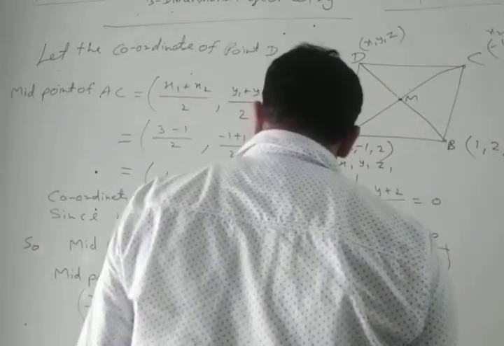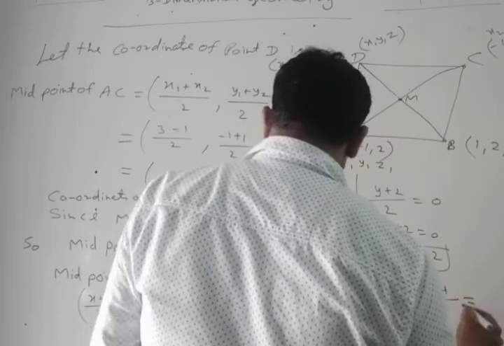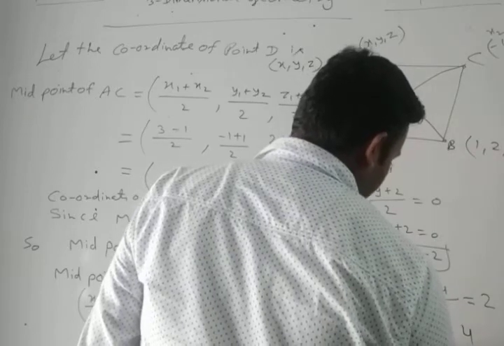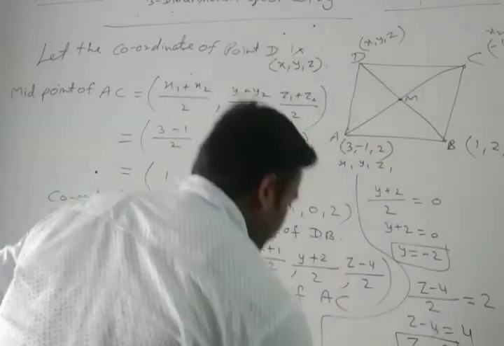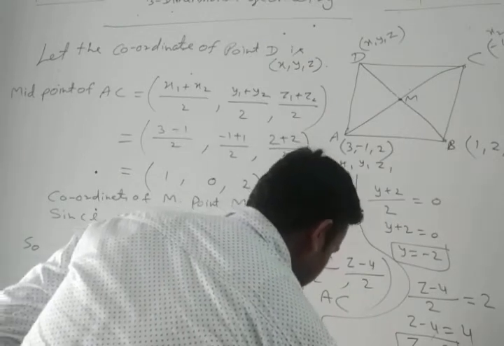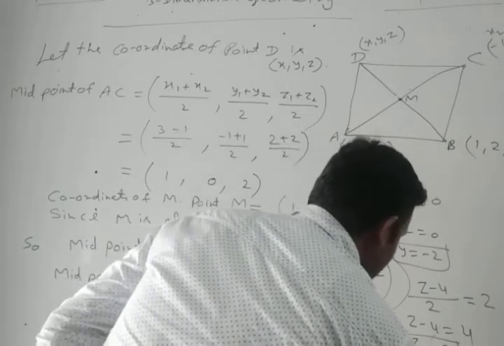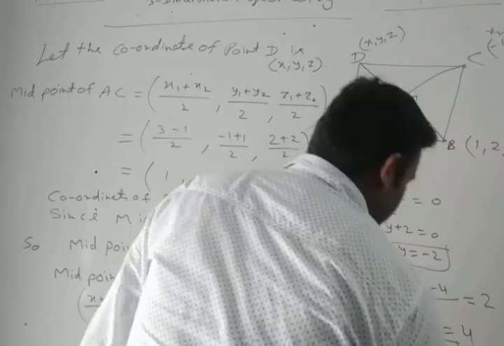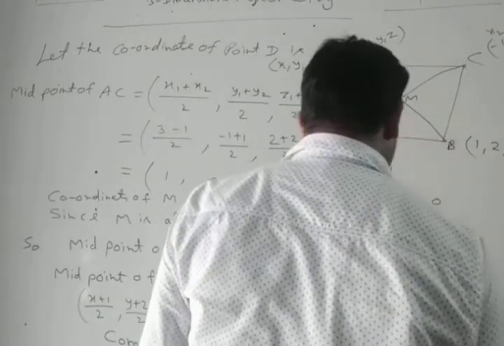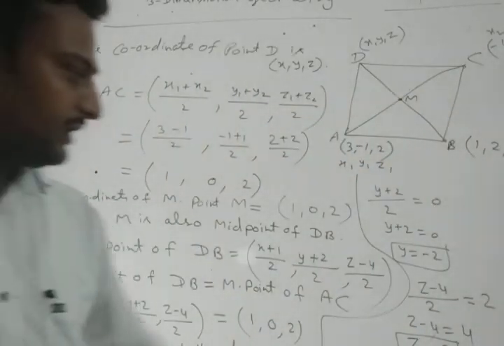Lastly, comparing the z coordinate, z minus 4 by 2 is equal to 2, so z minus 4 is equal to 4, so z is equal to 8. So the coordinates of D are (1, -2, 8). This is our required answer.